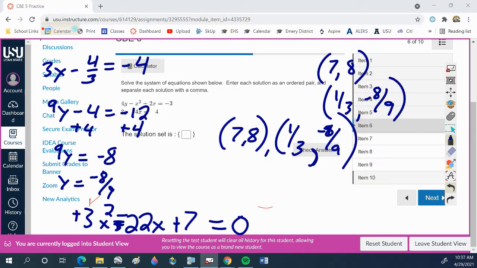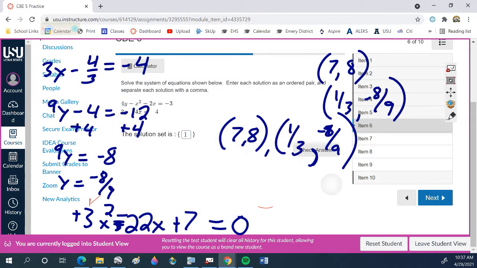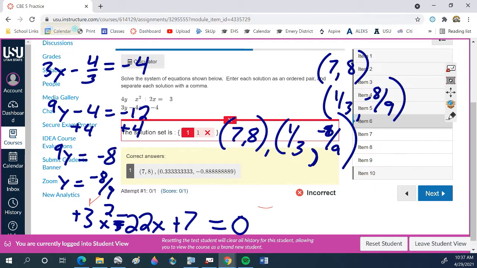Let's try it. Enter each solution as an ordered pair. So, yeah, why would they do that? Does anybody have this same problem?